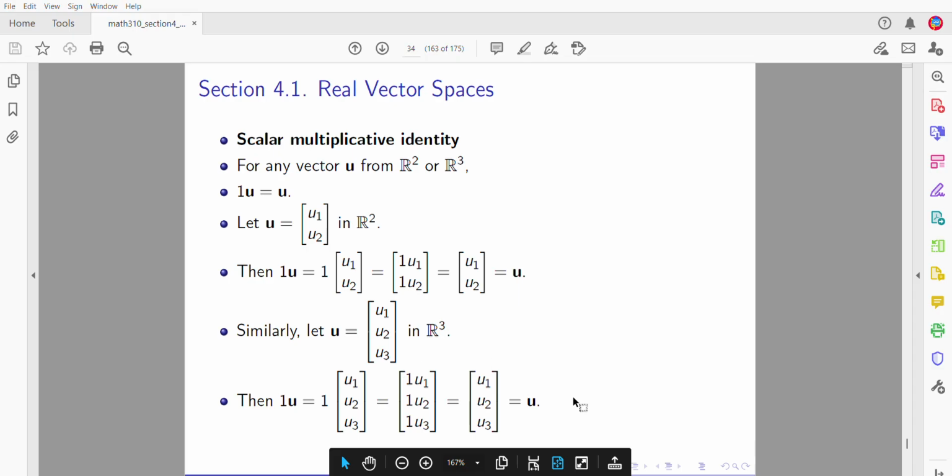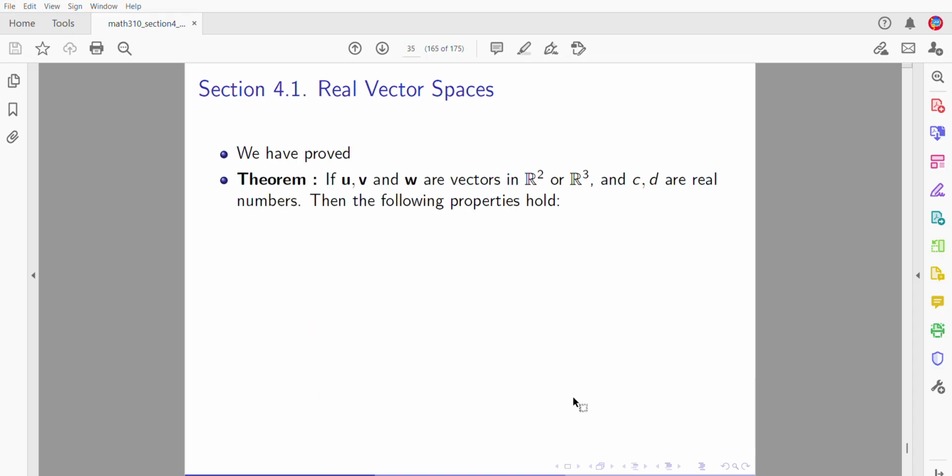Okay? So this gives us the following theorem. U, V, W vectors in 2-dimension or 3-dimension, C, D real numbers, then the following properties hold. Vector addition is commutative. Vector addition is associative.